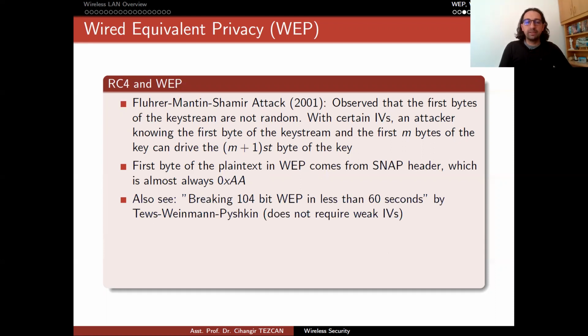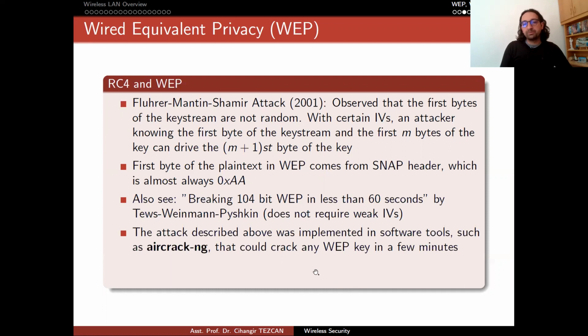there was a better attack by Tews, Weinmann, and Pyshkin, and they presented this attack in the paper titled "Breaking 104-bit WEP in less than 60 seconds." In this attack, the authors do not need weak IVs. So the attack works for all IVs. These attacks are actually implemented in many software tools.